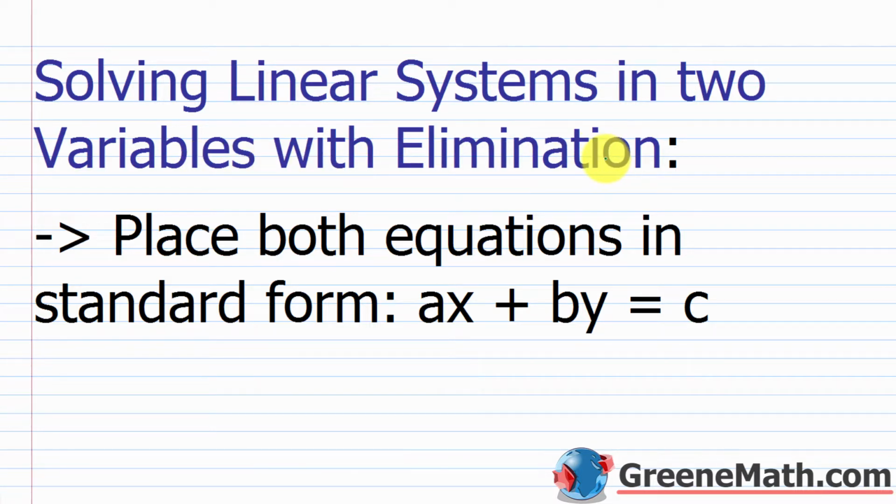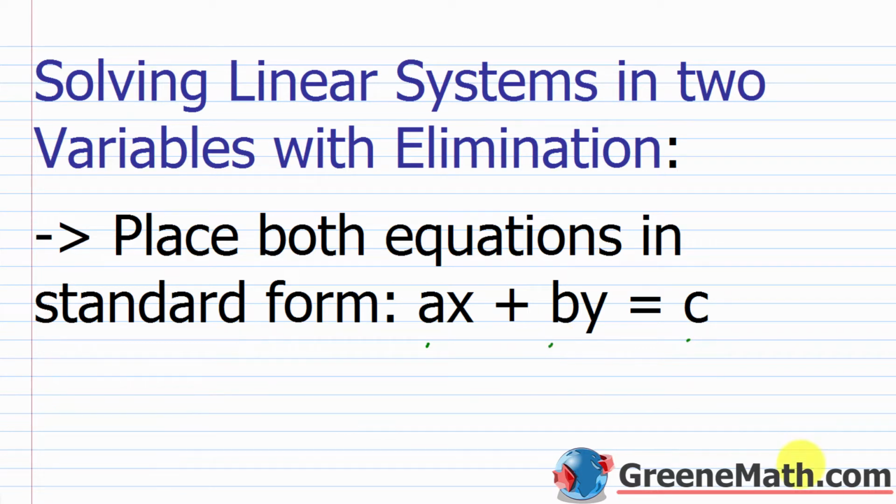The very first thing you want to do is place both equations in standard form. Now, I know this definition of standard form gets argued about. For the purposes of this video and making this very simple, let's just agree that standard form would be ax plus by equals c, where a, b, and c are just real numbers, and a and b are not both 0.